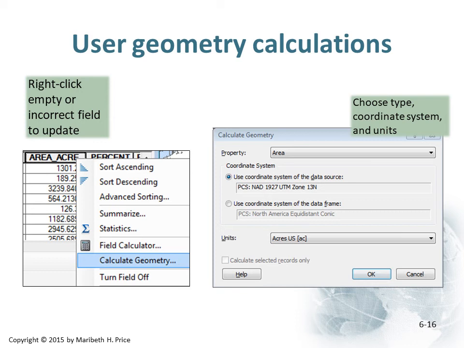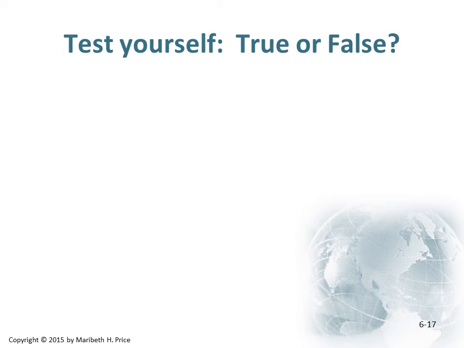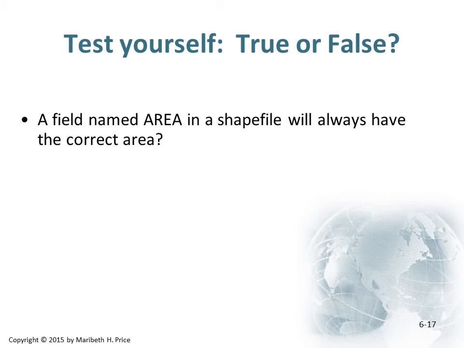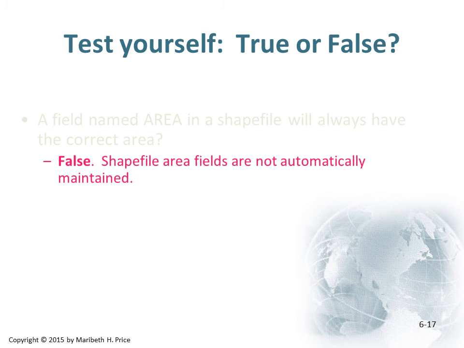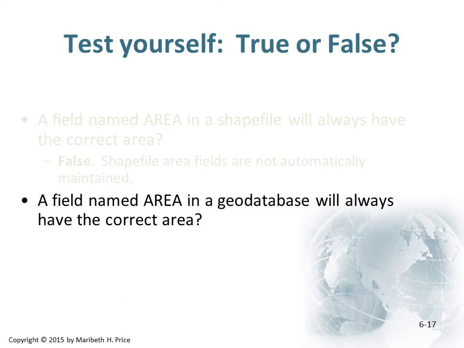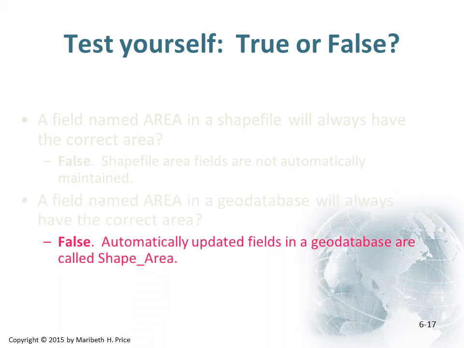When you click OK, it then populates that field with the data as you instructed. So you can do this to sort of test where you're at. Field named area, always have the correct area? No. Field named area in Geodatabase will always have the correct area? No.